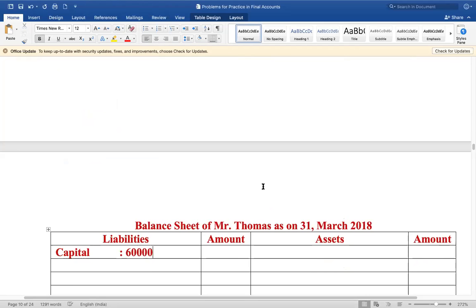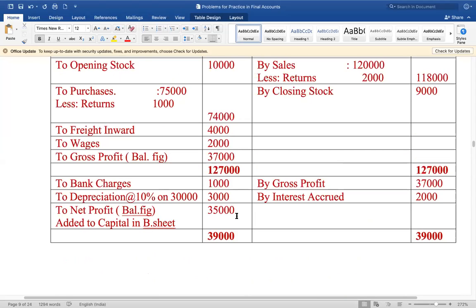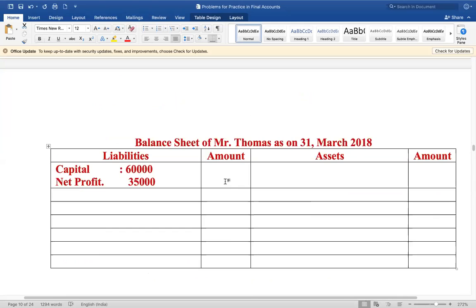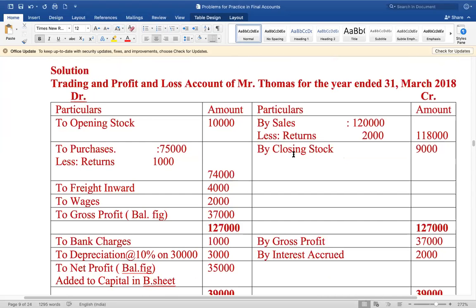Then is there any net profit you have made from the profit and loss account? 35,000 net profit. Next, the total is 95,000. So capital on the liability side is 95,000.